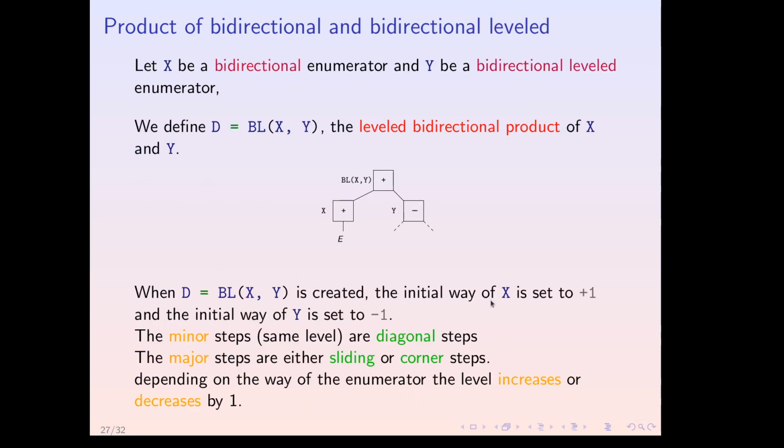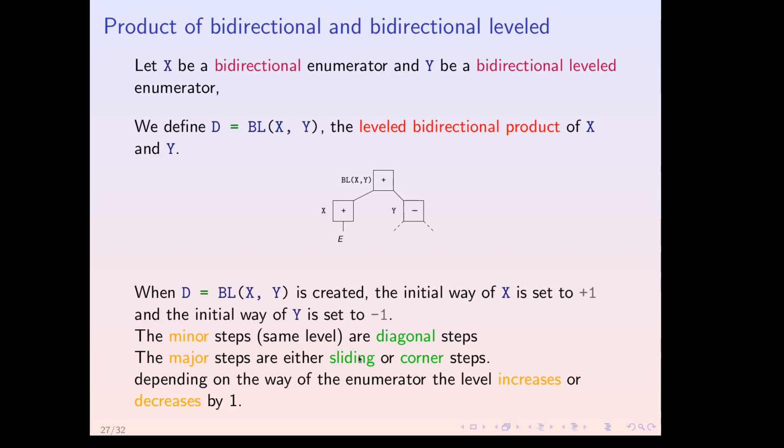So using these bidirectional level enumerators, we can define a product. Here, X on the left is going to be a normal bidirectional enumerator, one of the enumerators of the product, and on the right I will have a bidirectional level enumerator. So the product works a little like the binary product. We will have diagonal steps, which will be minor steps.